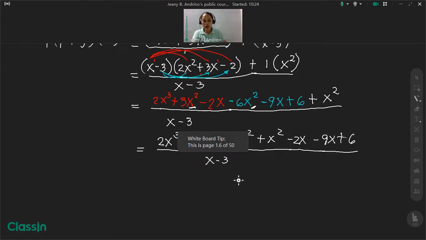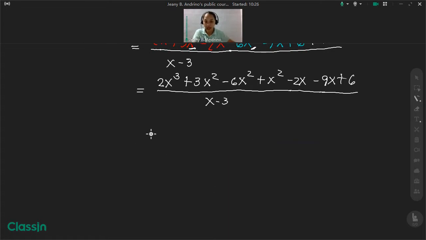So next, we go for combining like terms again. So we start with 2x cubed. And then we have plus 3x squared minus 6x squared, that is negative 3x squared, because this is positive, this is negative. So you will be just subtracting your numbers 3 and 6 and then copy the sign of the bigger number, which is negative.